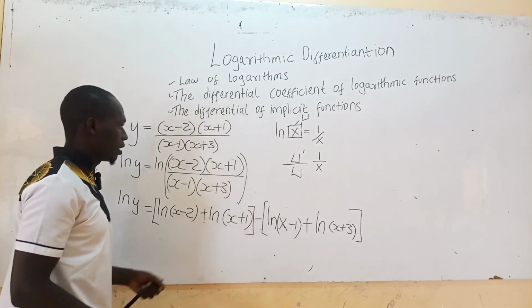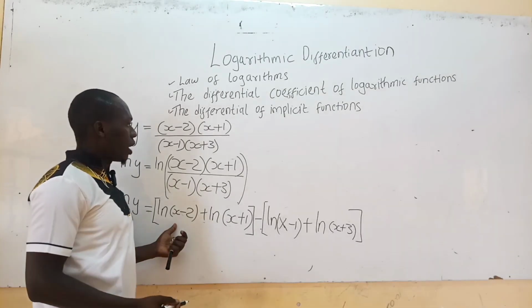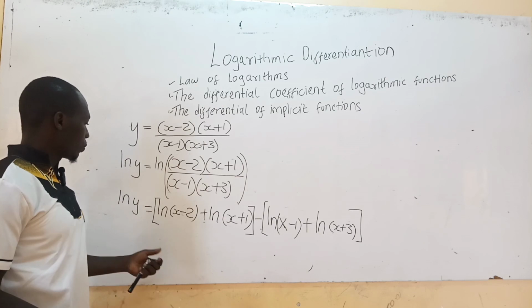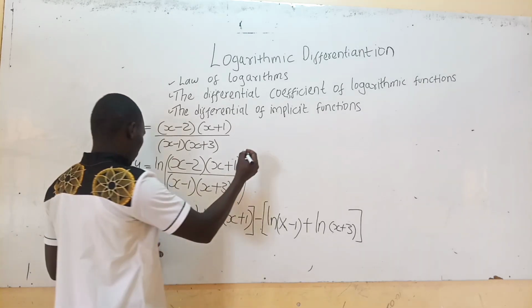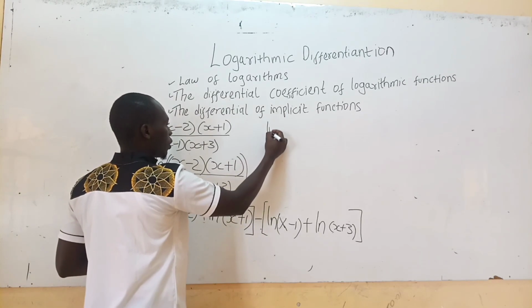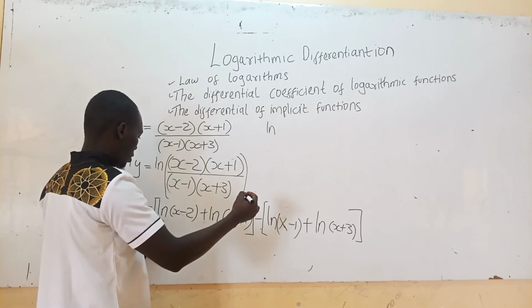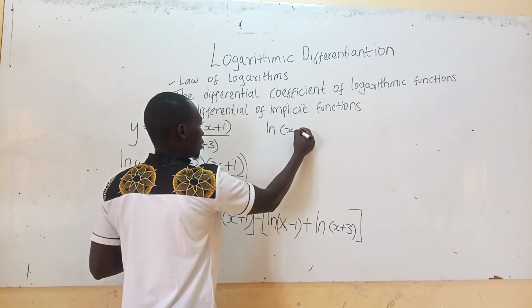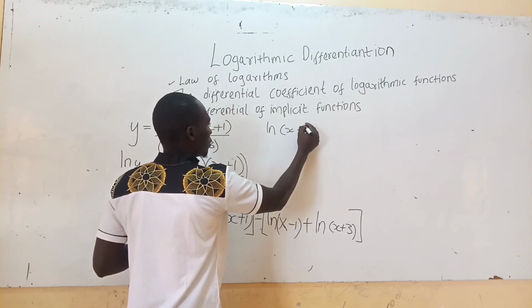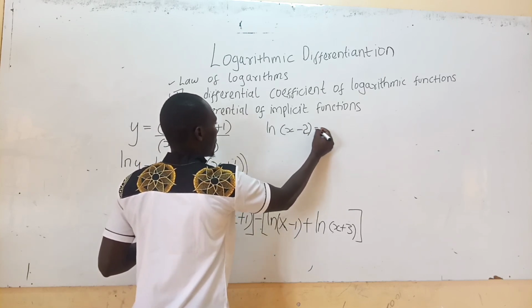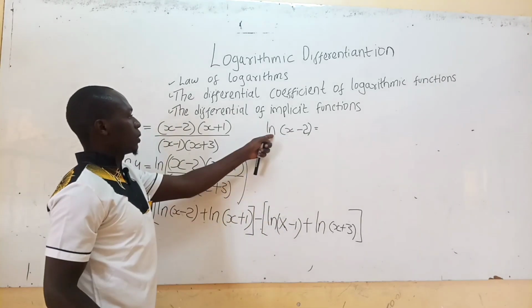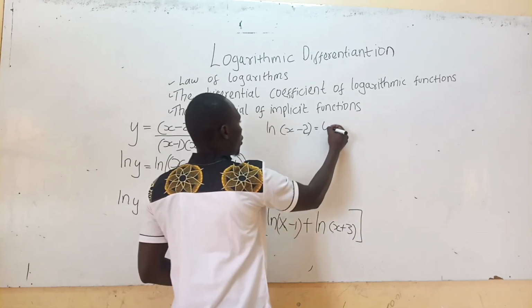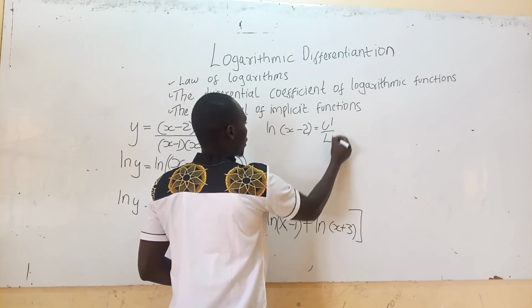So let us come here. When we do our differentials with respect to this one, the natural log of x, our differential with respect to this one, we are going to have u prime all over u.